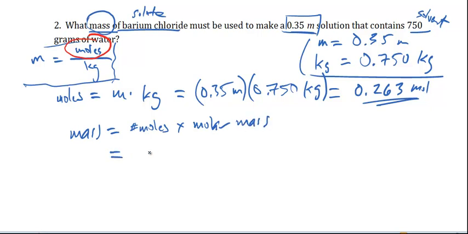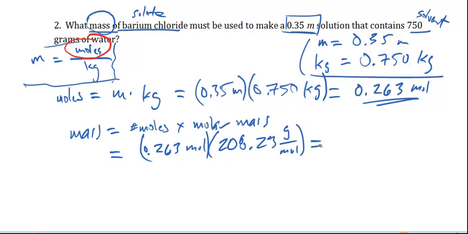So we have 0.263 moles times the molar mass of barium chloride, which is 208. Hopefully you remember how to derive the molar mass, and that's grams per mole. When you crank that through, you'll get 54.7 grams of barium chloride.